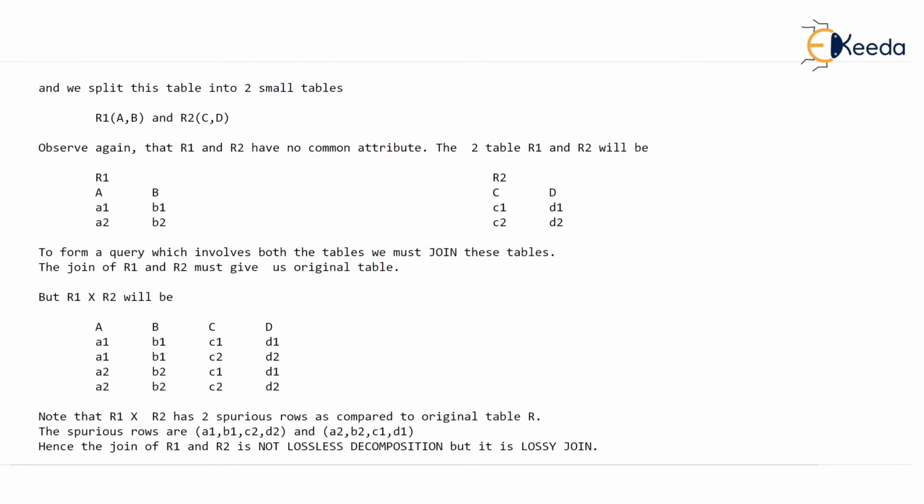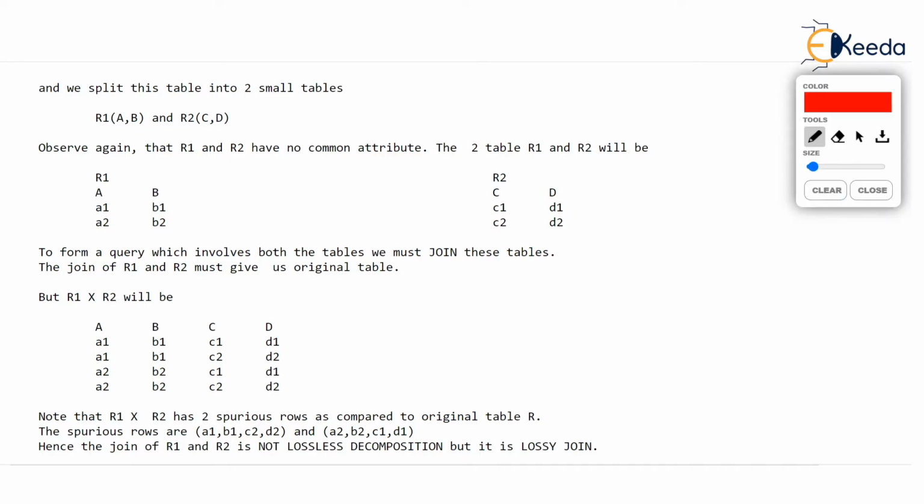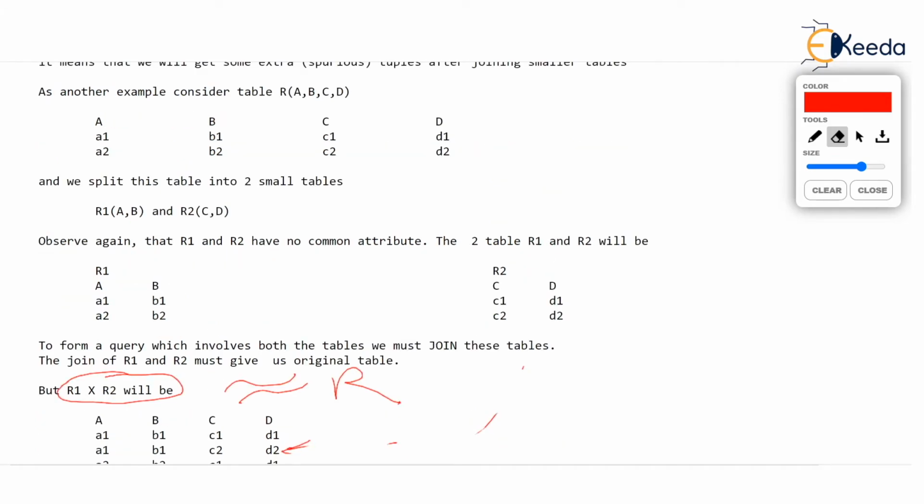But R1 cross R2 was expected to be the same as R. But these are the two spurious tuples. You see, this tuple A1 B1 C2 D2 was not there in the original table, isn't it? Original table, this one I'm talking about. Yes. So this particular row has become spurious here, A1 B1 C2 D2. It is not there in the original table.